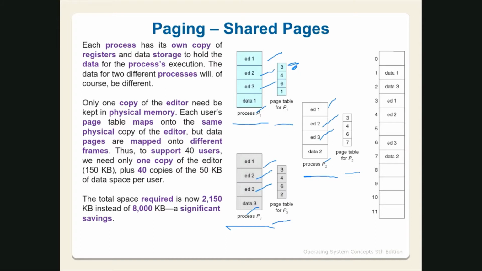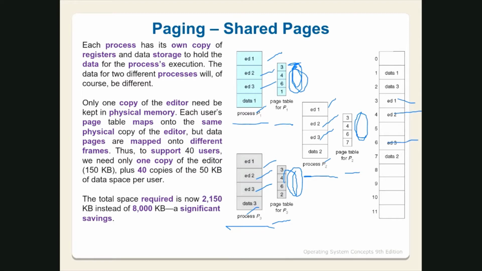These frames contain the editor, ED1, ED2, ED3, because they are the same editor. So this page table also contains the same frames, 3, 4, 6, 3, 4, 6. Can you see here? Frame number 3, frame number 4, frame number 6.